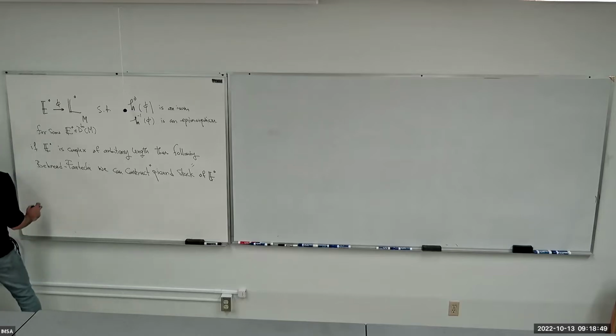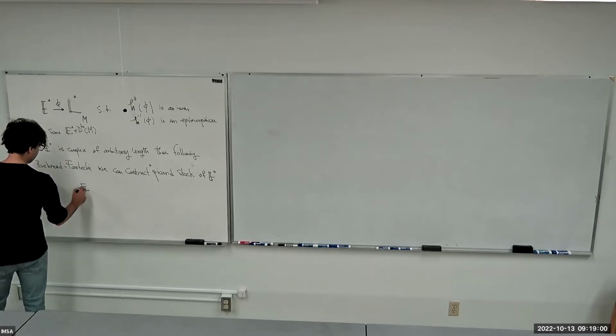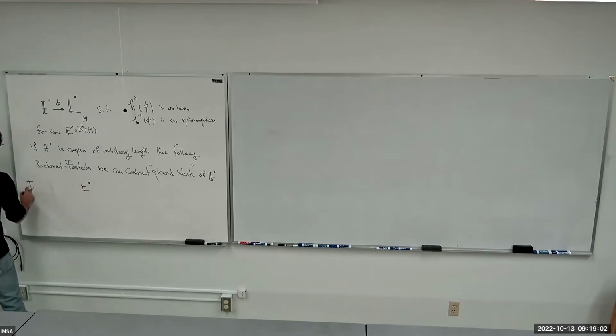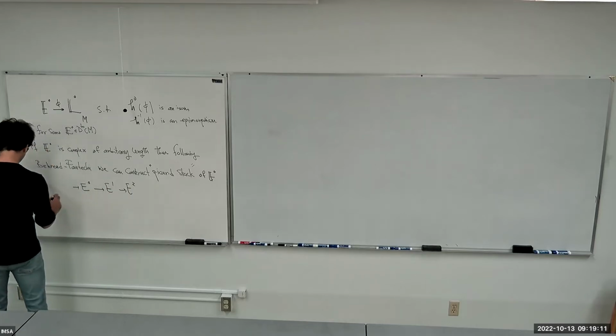So what you do is, let's just say that E dot has a representation this way. So E dot has E0, goes to E1, goes to E2, goes to E minus 1.